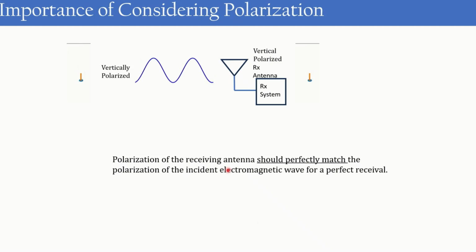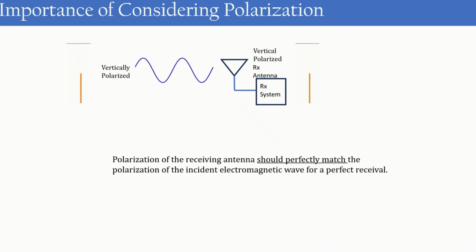If I am getting a vertically polarized signal, this antenna can receive all the signal because both the antenna and the received signal are in the same polarization. So for perfect reception, the antenna and the received signal have to be in the same polarization.